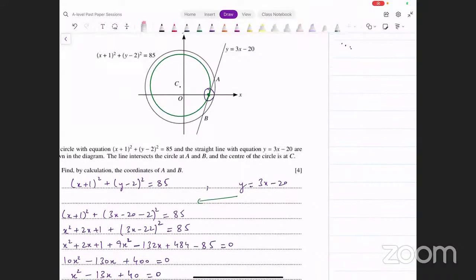Now think about this. We know कि what can we do here? हमें पता है कि CA or CB, they are equal to each other. They're equal to each other, right? And yeah, so we know CA and CB are equal to each other.